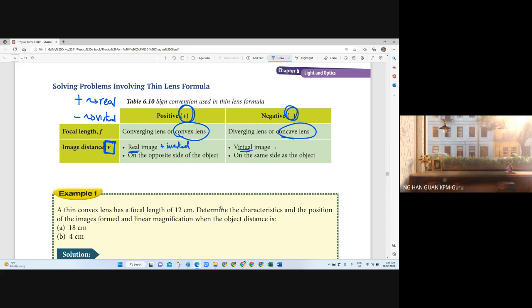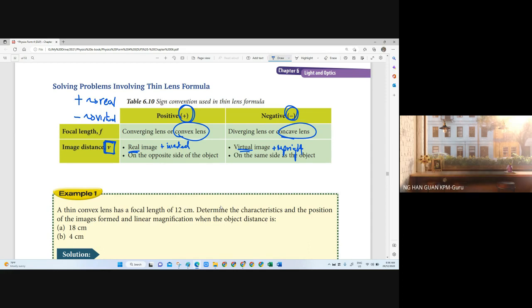When you get the virtual image, you should know virtual is always upright. Right? So once you know the positive v or negative v, automatically you will know two characteristics of the image already. Either they are real or virtual. Real must be inverted, virtual must be upright. All right? So at least you know the tools already.